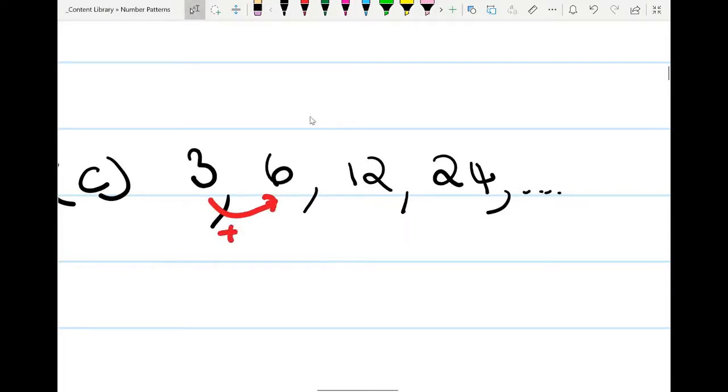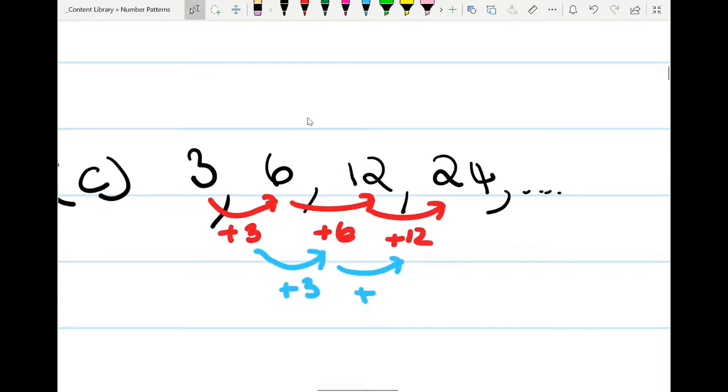So if we look at the differences, okay, it's not linear for sure. And because the differences don't follow a linear pattern, it's not quadratic either. So it's not linear and it's not quadratic.